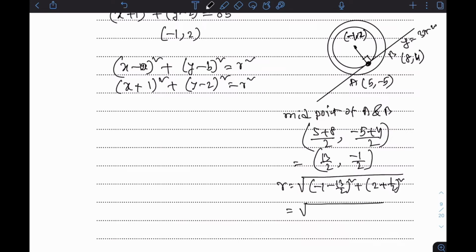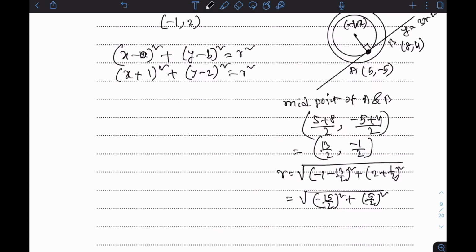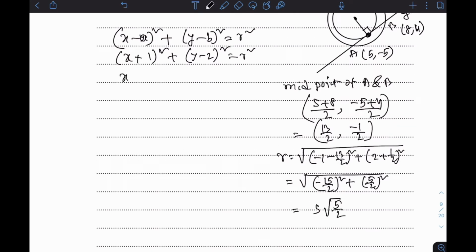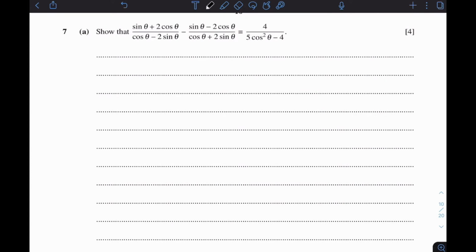And now let me simplify. (−15/2)² + (5/2)². Instead of r², it equals 62.5.